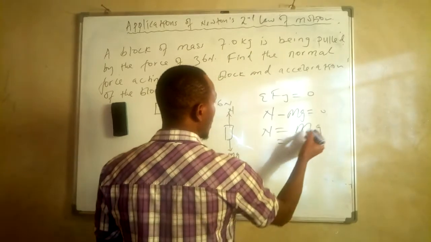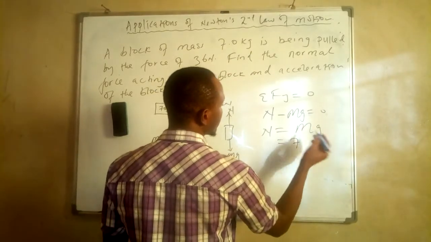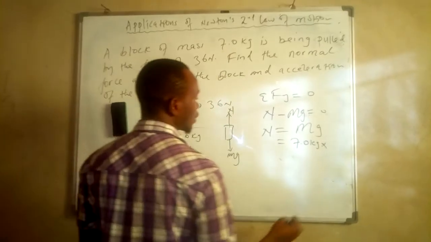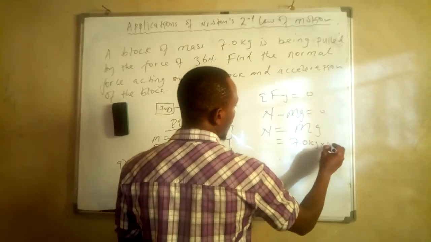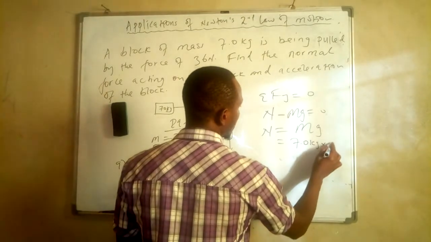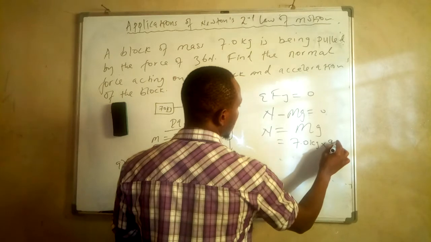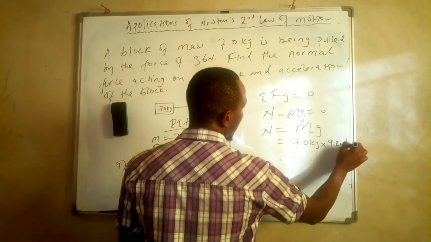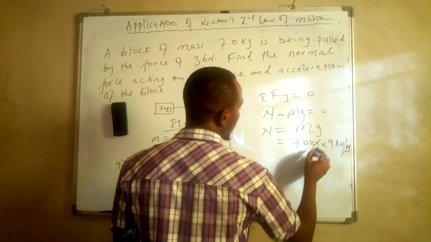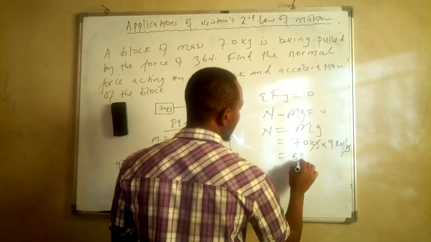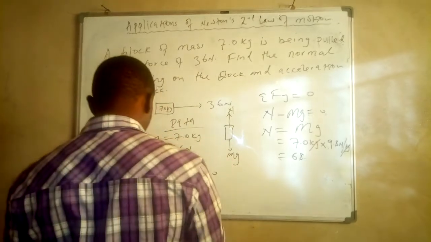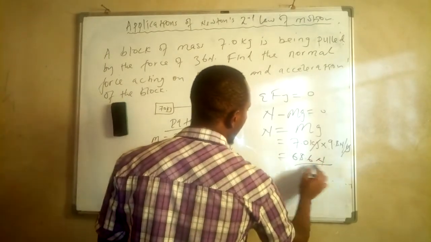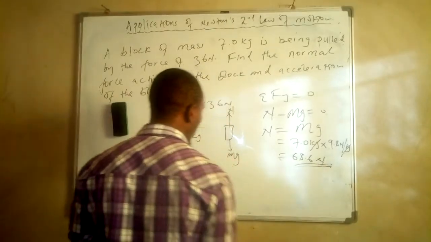We have 7.0 kg times the gravity, let's use 9.8 newtons per kg, and what we're going to have is 68.6 as the value for the normal force.